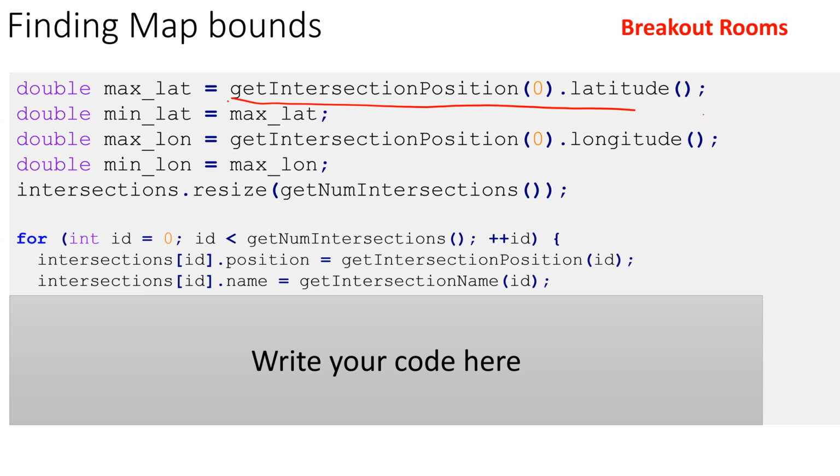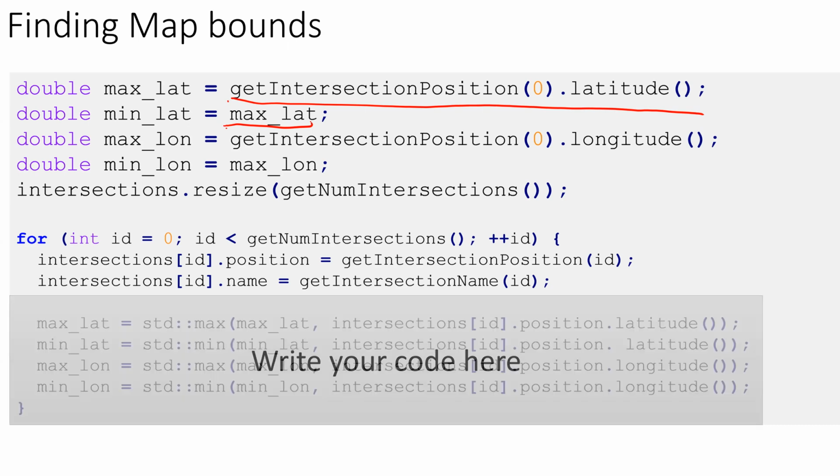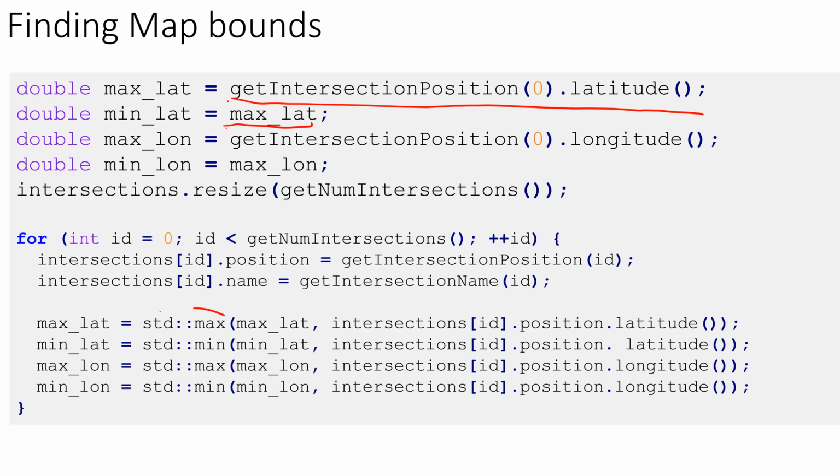I can set the maximum latitude to the first latitude, do the same thing for the minimum latitude, and then go through all of my intersections and keep taking the max of this point's latitude and my max lat, and so on. There are other ways to do this, but this for loop will do it for me. You're also right, there are algorithms in the standard library, probably something like find max, that do basically the same thing, and then you don't have to write it. So not very hard to write.